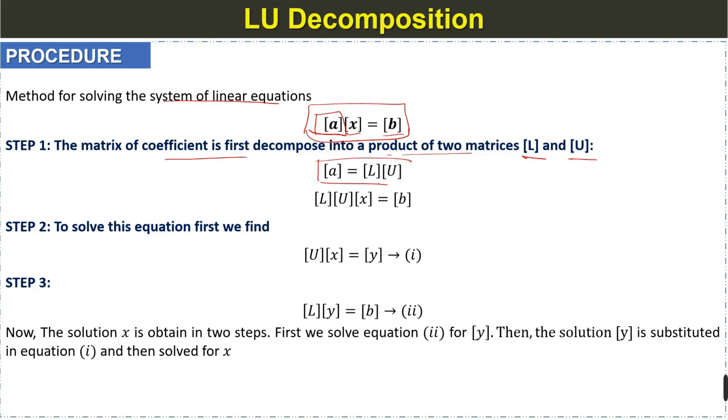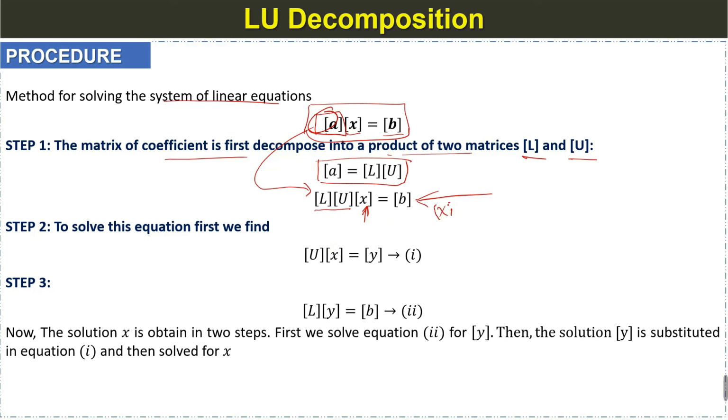And after the decomposition, we replace the coefficient matrix with the product of the lower triangular matrix and the upper triangular matrix. Okay, so now we have this equation, and we have to solve it to find the solution of the system of linear equations, or the solution of the unknowns, and that is x.